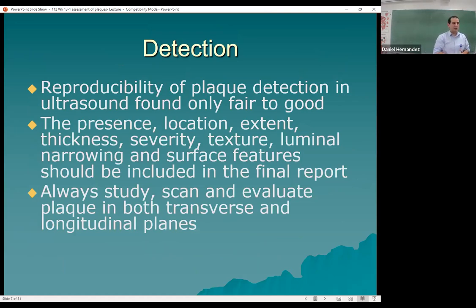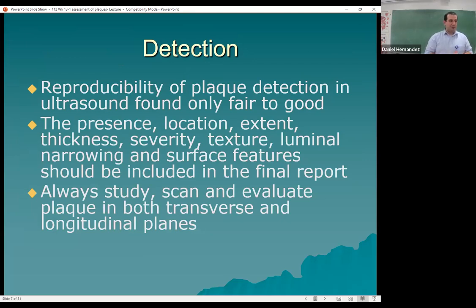With detection, reproducibility is very key. We want to be able to determine the presence of plaque. Is there plaque? Yes or no?